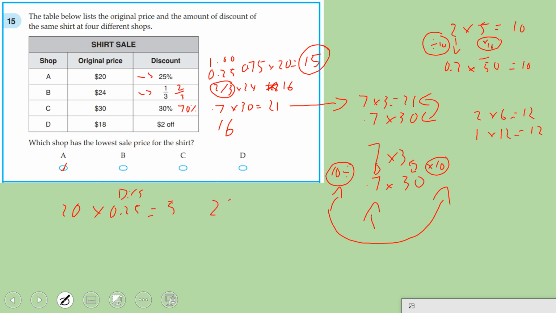And then you can do your original minus your discount to get your new price. Similarly for the fraction, this is for B, 24 times 1/3 equals 8, and then you do your original minus your discount equals your new. So original minus discount equals new.